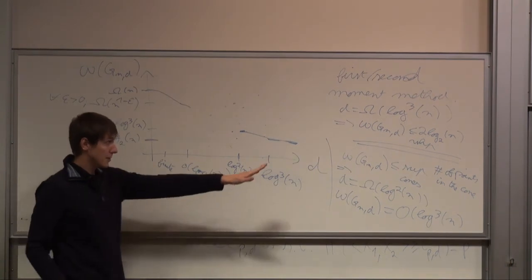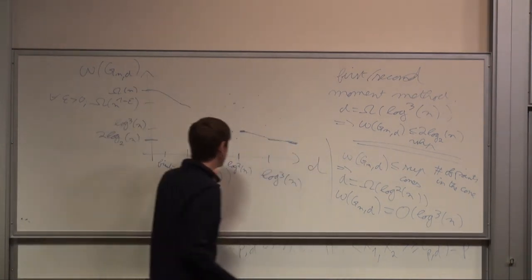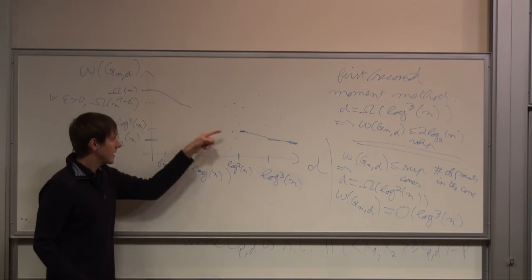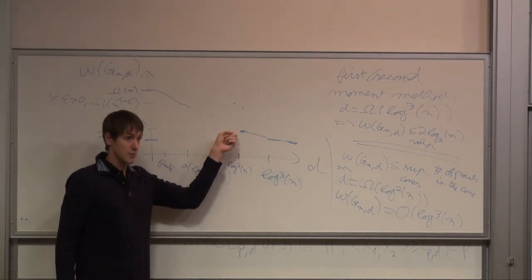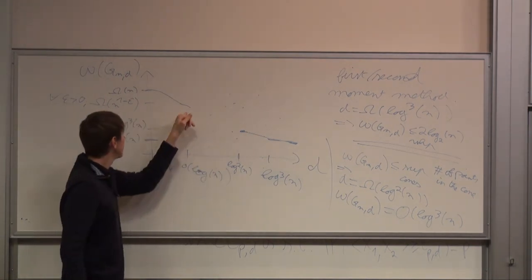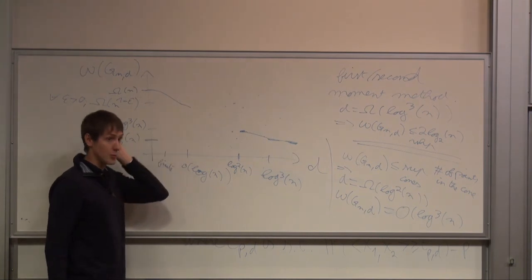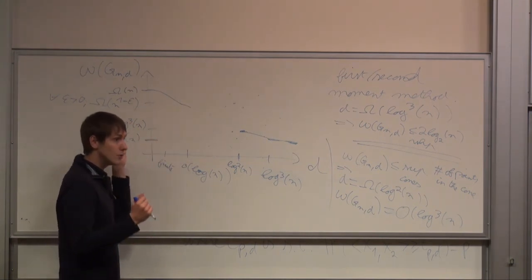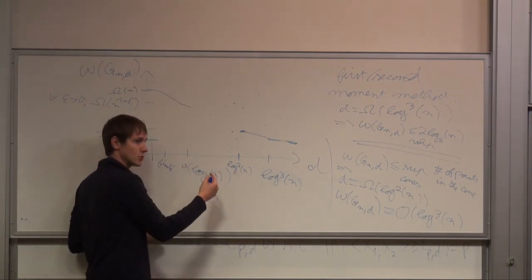Okay, and that's the end of this paper. And so it raises the question: here you are polylogarithmic, and here you are super polynomial. So something is going on between log n and log squared n.